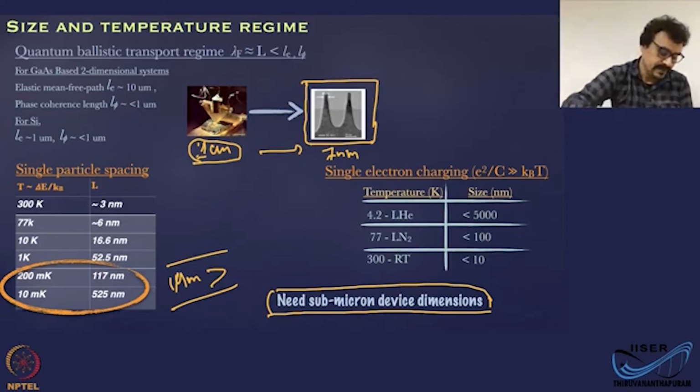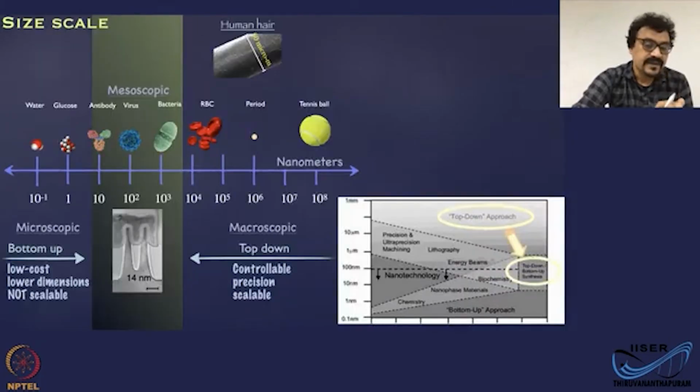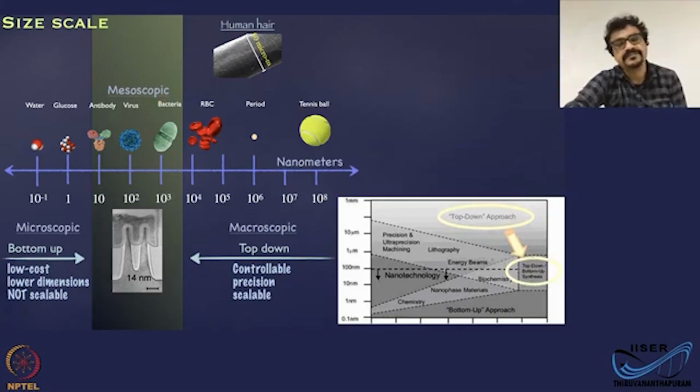Okay. Now, the length scales or the dimensional scales are in a few micrometers to a few nanometers range. And this regime is actually called the mesoscopic regime. The microscopic regime consists of atoms, molecules, and clusters, a nanometer or below.